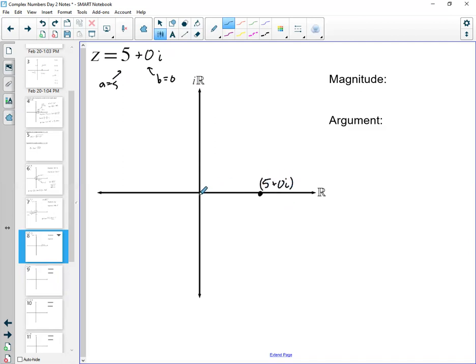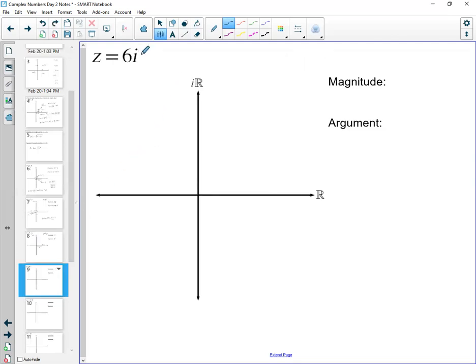So for the magnitude, you could do the square root of 5 squared plus 0 squared, but you can just look at it. How far is this distance here? It's 5. You go over 5. That's it. Magnitude is 5. The argument: how much do I rotate from the positive x-axis to get here? I don't rotate at all. The argument is 0 degrees or 0 radians.